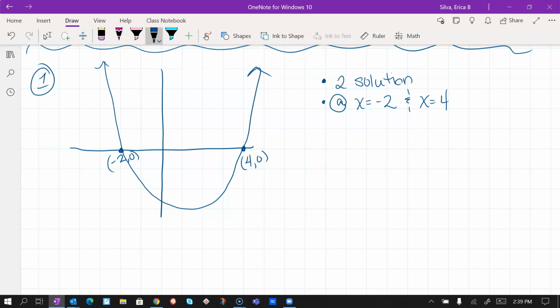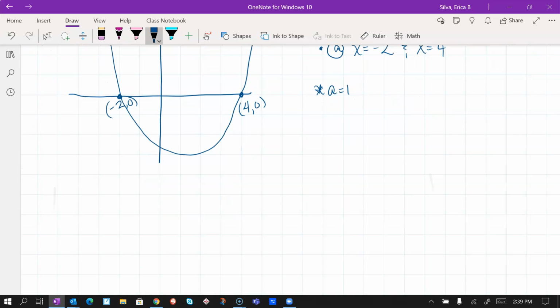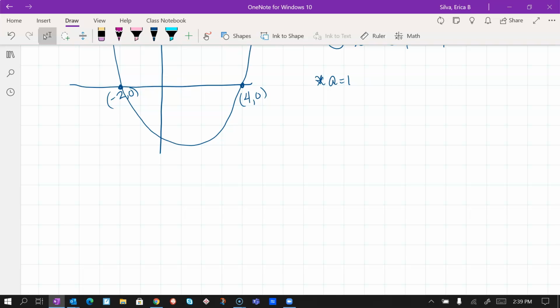Now we're going to go a step further. And we're going to write the equation assuming that a is equal to 1 from the solutions.